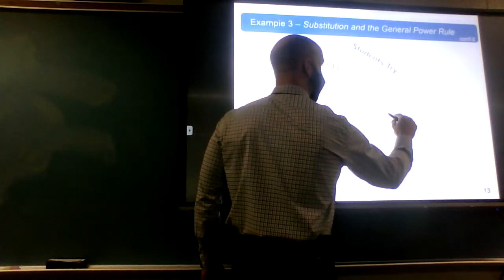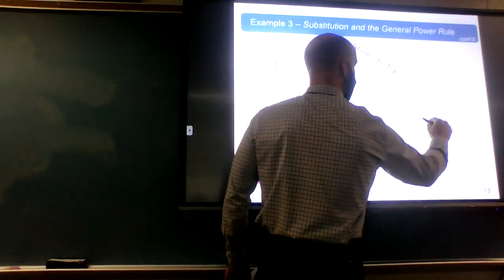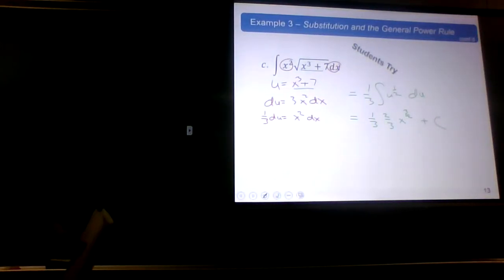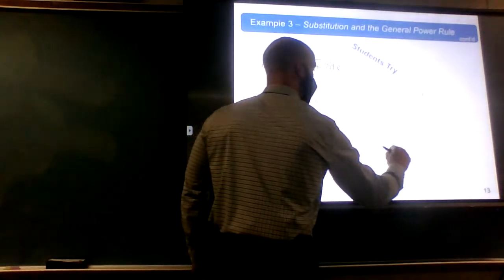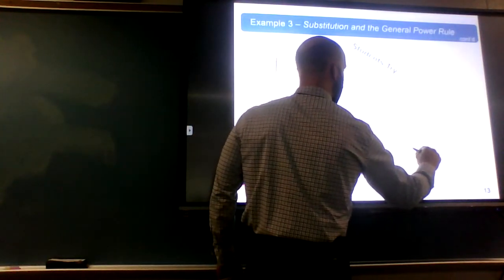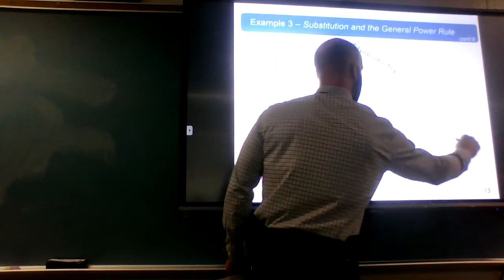But then I have to multiply by 2/3, and then plus c. So the fraction you get in the front there is going to be 2/9. So the final answer here is 2/9, and then x cubed plus 7 to the 3/2 plus c.